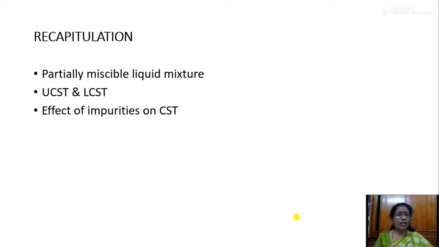Then we learnt about UCST, upper critical solution temperature, and lower critical solution temperature, and also the effect of impurity on the CST, whether upper or lower. By adding the impurity, whether the CST, the mutual solubility temperature, MST, increases or decreases. That is what we have discussed till now.